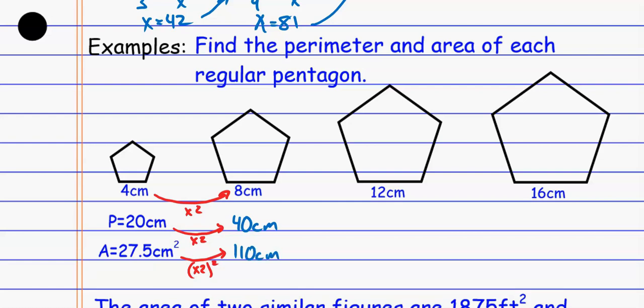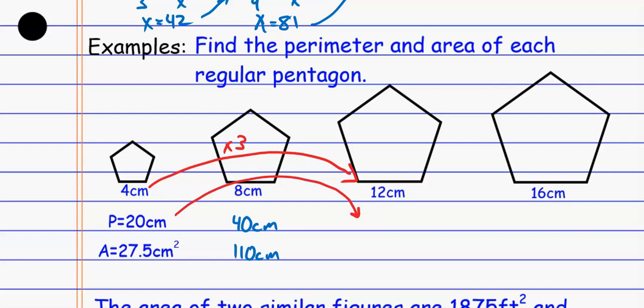And so that's the relationship when we look at this. Likewise, if we skip over this one, let's start over here. To get from here to this one, it's times 3. So the relationship for the perimeter should be the same thing. It's times 3, so the perimeter of this one is going to be 60 centimeters.